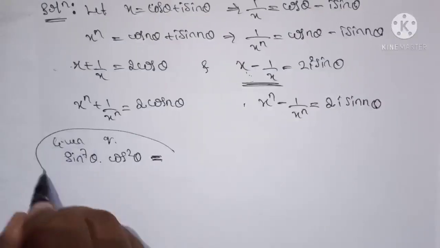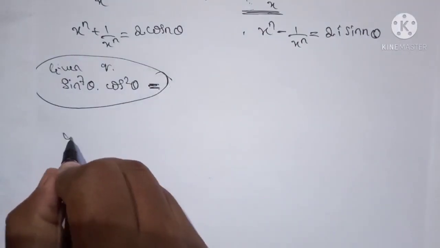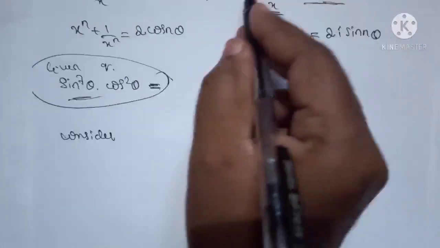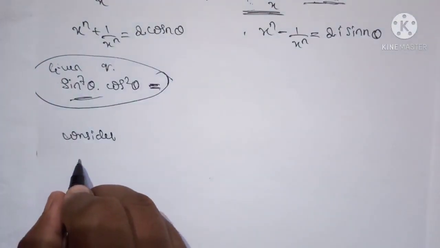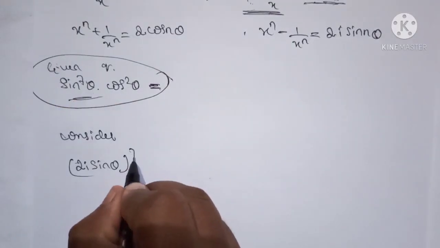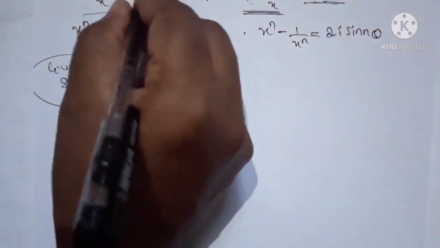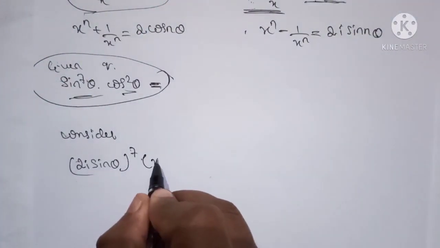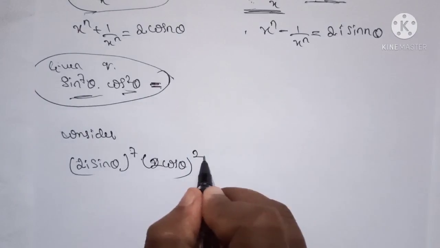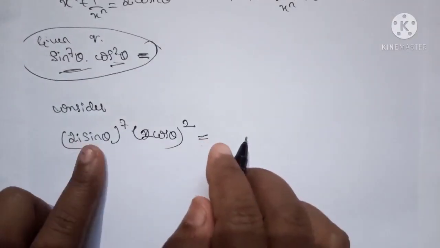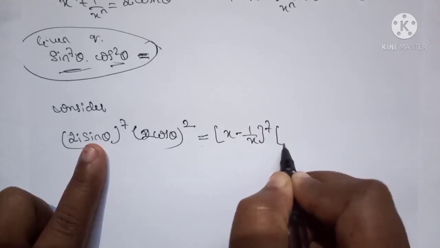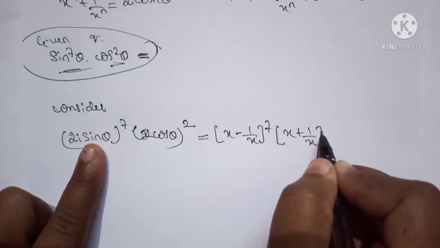Okay, for this one we start with the first term, sine, therefore we should consider the expression which involves the sine terms, that is 2i sine theta, and here the power is 7, and the cos term, therefore it is into 2 cos theta, here the power is 2, so write power 2, equals x minus 1 by x power 7 into x plus 1 by x power 2.